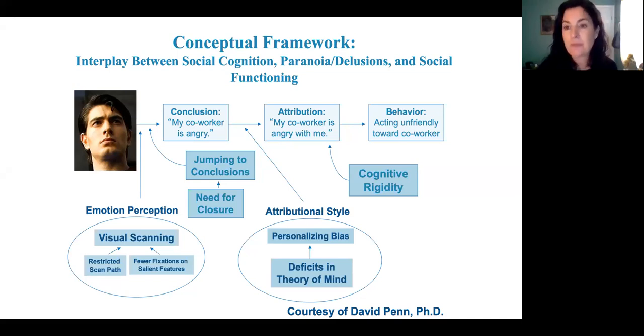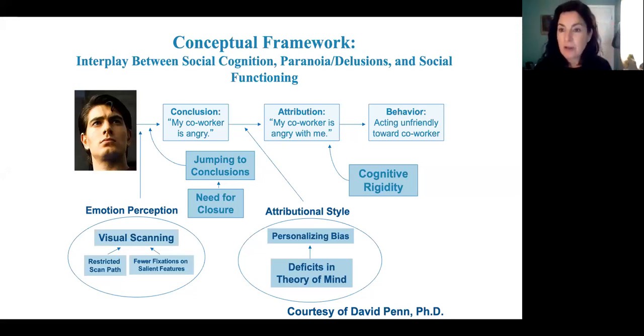I don't want to get too much into this because there's a lot of sciencey research, but what studies have found is that people with paranoia, delusions, schizophrenia have deficits in terms of visual scanning. So when you are looking at a person or looking at their face, we tend to take in all aspects of that person's face and all their expressions and see the gestalt, so to speak, the whole picture.